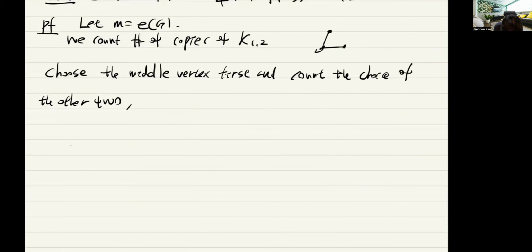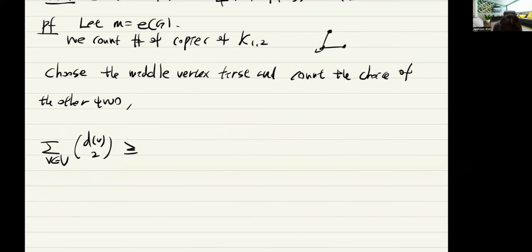Then we have this: for each vertex, we choose it, and then among its neighbors, we choose two of them. Then you get this copy of K_{1,2}.